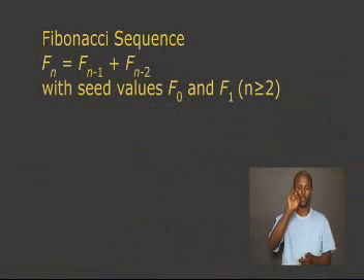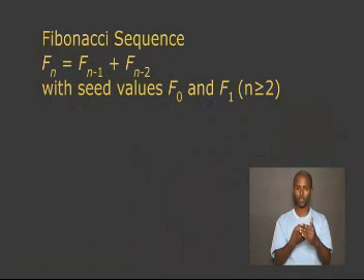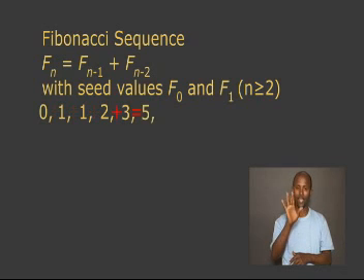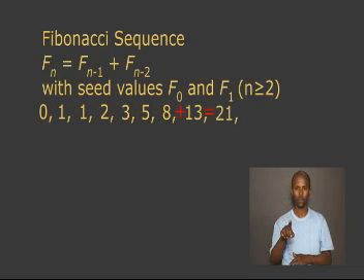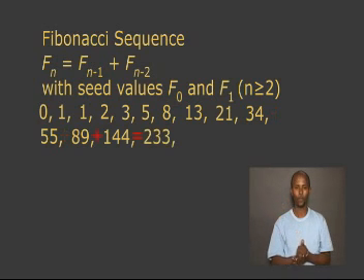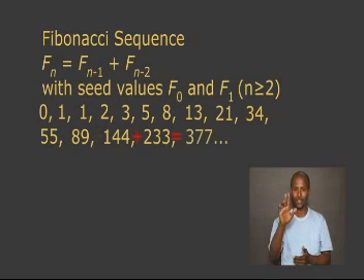How did you do, students? The Fibonacci sequence begins this way: 0, 1, 1, 2, 3, 5, 8, 13, 21, 34, 55, 89, 144, 233, and 377.